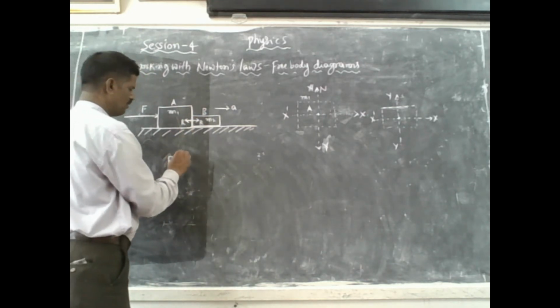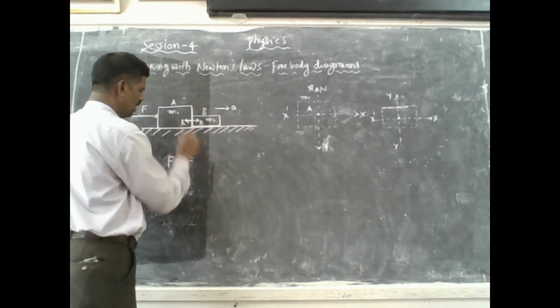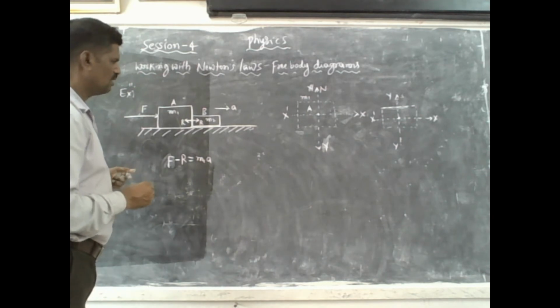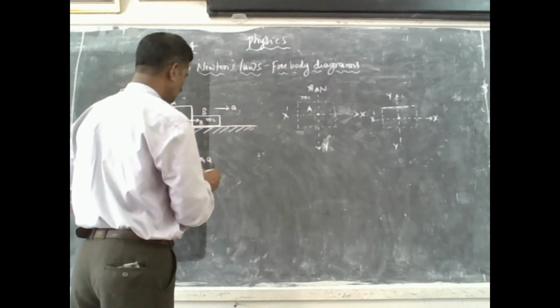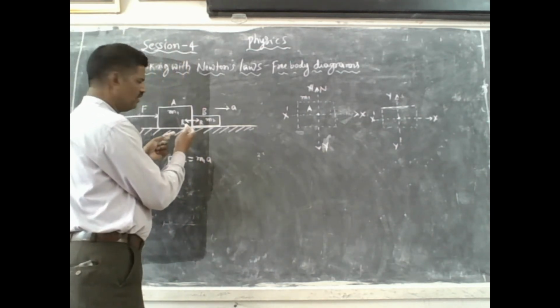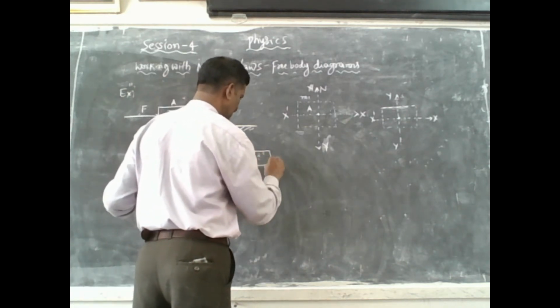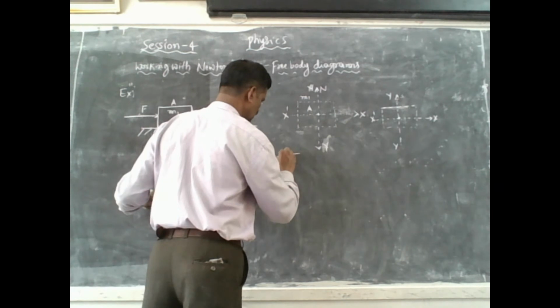So therefore F minus R is equal to mass M1 a. We can write like this because when we look separately, these two masses can be like this.